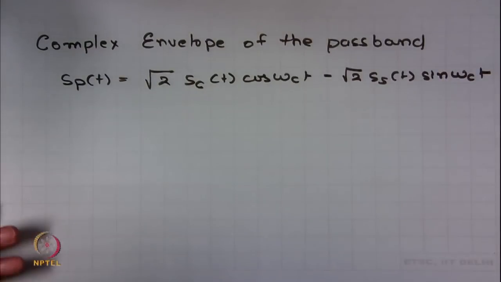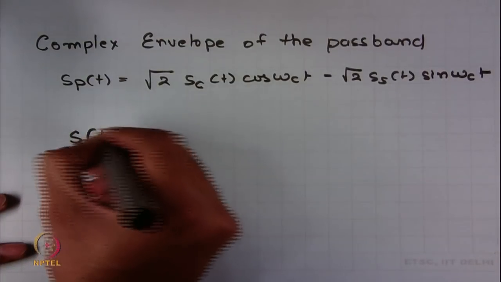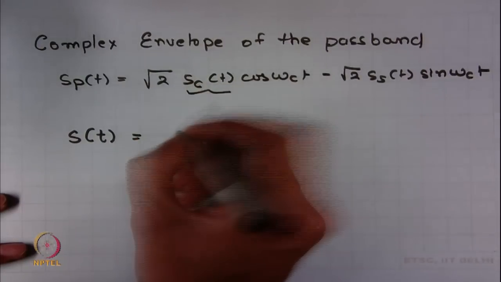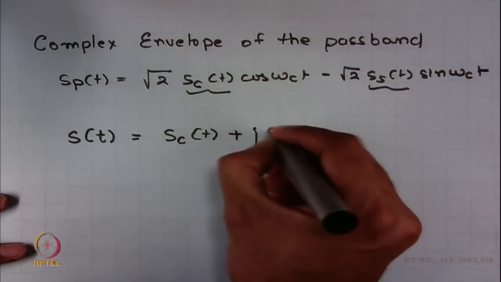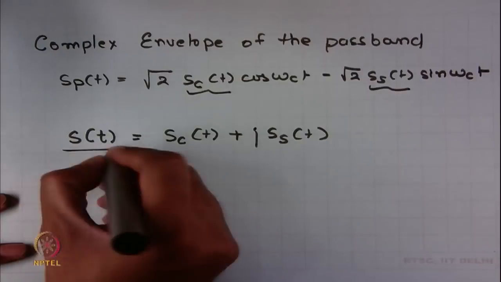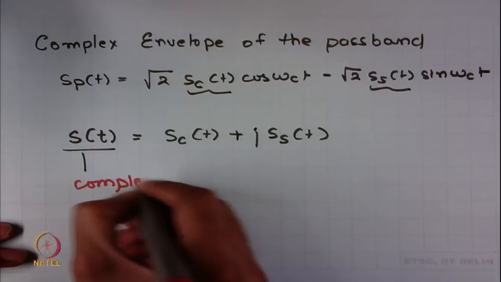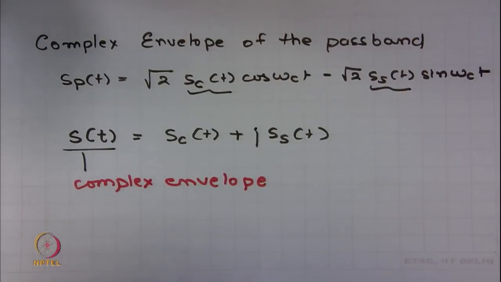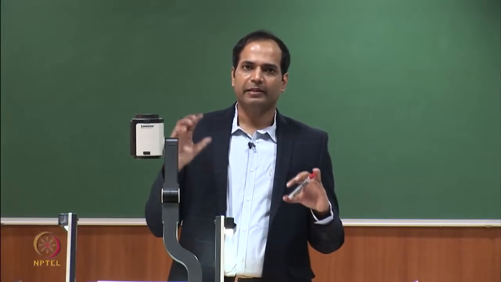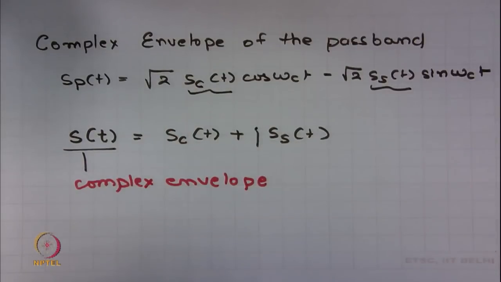If I have this as an expression of my passband signal, I can define a quantity s(t) by taking the cosine part s_c(t) plus j s_s(t), and this s(t) is known as the complex envelope of the passband signal. So, the complex envelope can be obtained by simply taking the cosine part and the sine part and adding them with this j here. In this way, you have a complex signal.